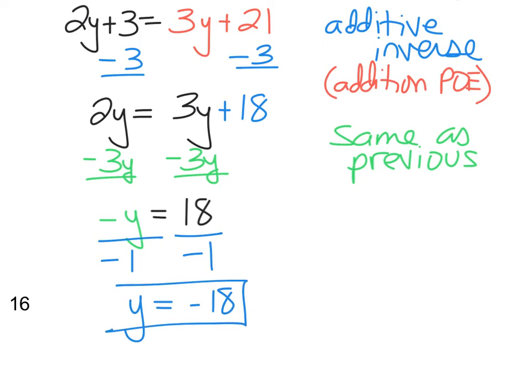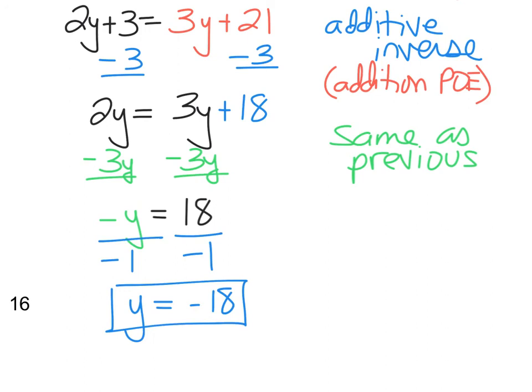The justification for that needs to be something other than, well, it's common sense. You can't write stuff like that on a Regents. They'll destroy your grade for it, even though you look at it and say, well, it has to be because we're just taking the opposite of each side. So what is my property here? Not distributive. For distributive, we want parentheses with a sum or a difference inside.